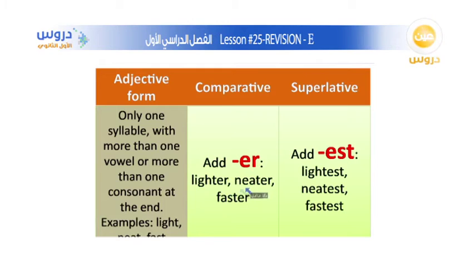Lonely, lonelier. For the superlative, you've got to change the Y into I, then add EST. For example, happy, happiest. Silly, silliest. Lonely, loneliest. All right?